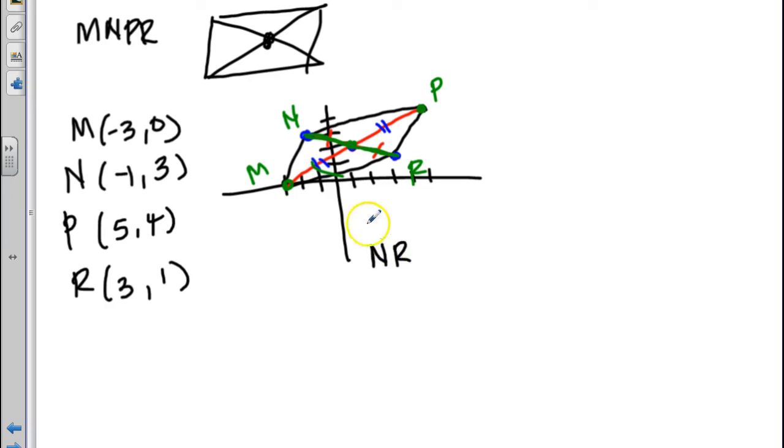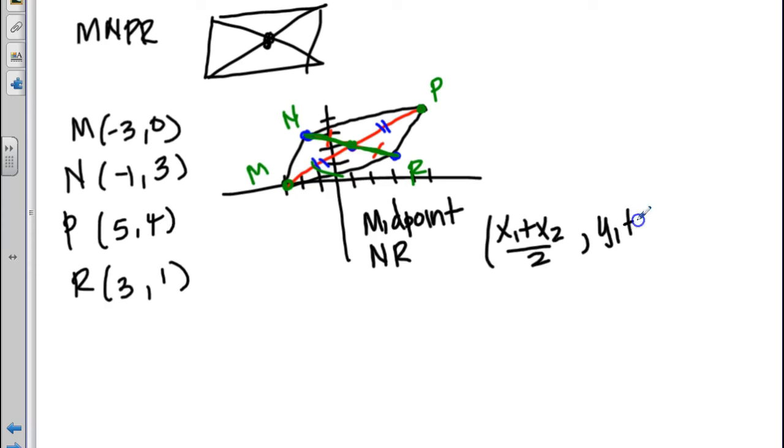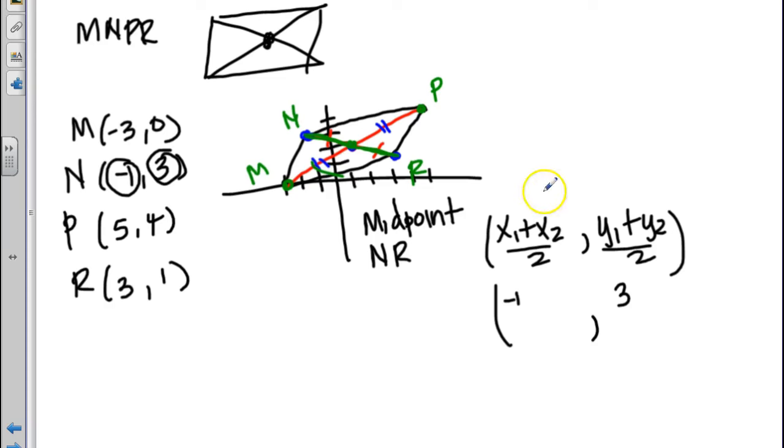All right, so let's try NR. I want the midpoint of NR, midpoint formula. Add my x's together and divide by 2, add my y's together and divide by 2, and bam, we've got the midpoint. The x coordinate for N is negative 1. The y coordinate for N is 3. So I pluck the x coordinate, put it here for N, and the y coordinate and put it here for N as well.